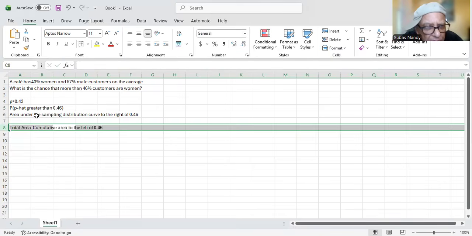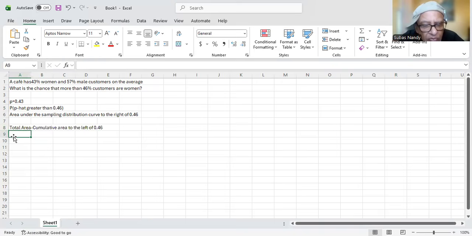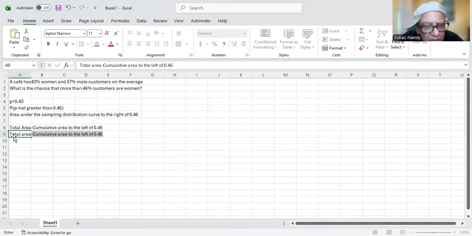Now, total area is 1. Total area under the sampling distribution curve is 1. Why? Because sum of all probabilities is always 100% or 1.